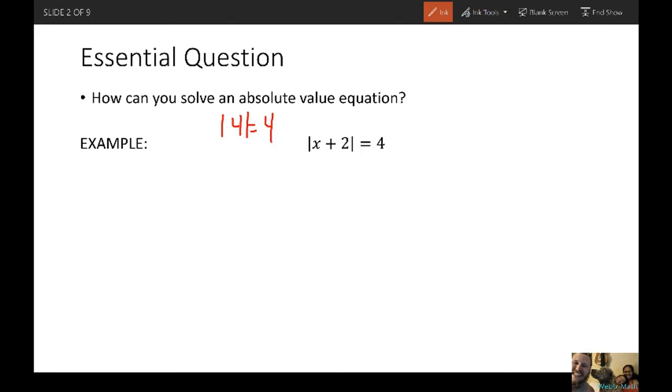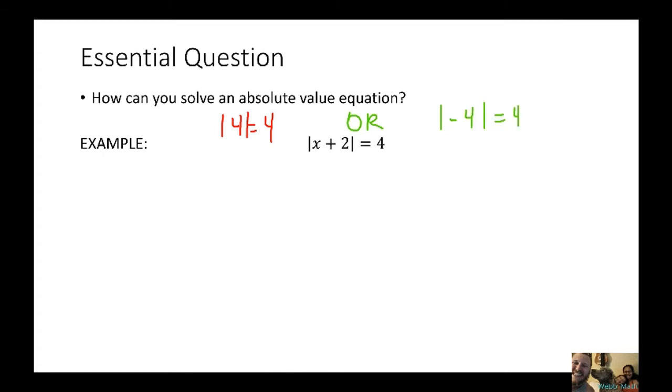Another situation is that negative 4 inside an absolute value will also equal a positive 4. So this is what we call a disjunction. It's basically two different situations, and either one of them can play out.